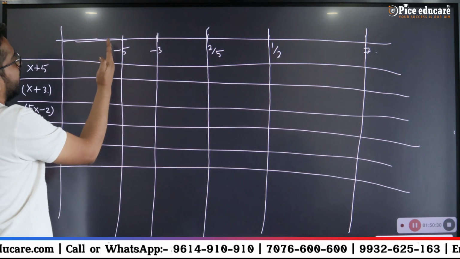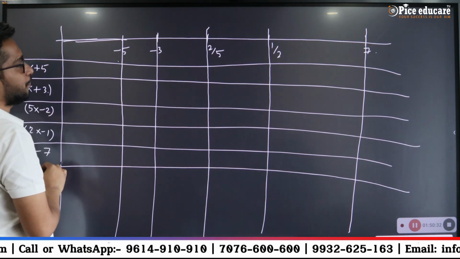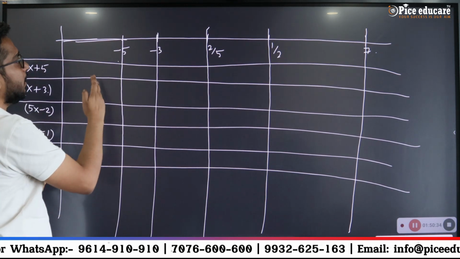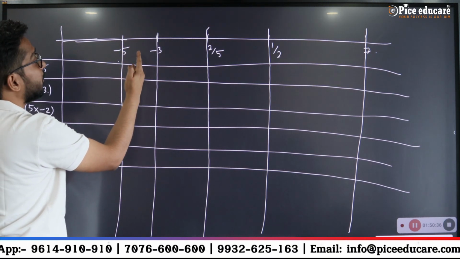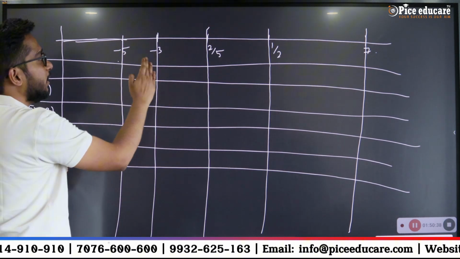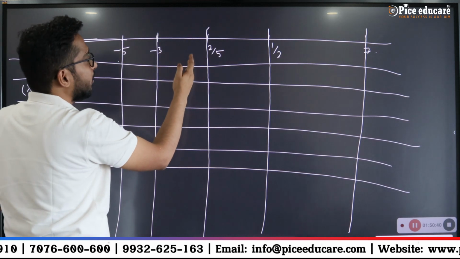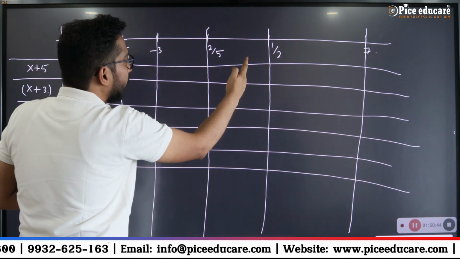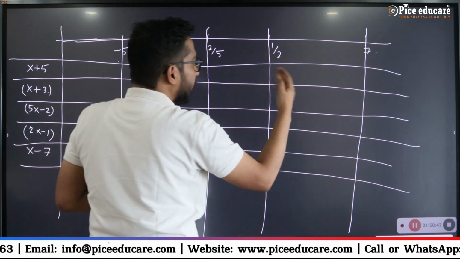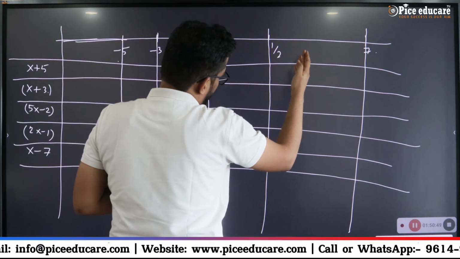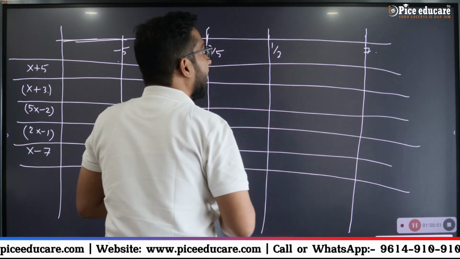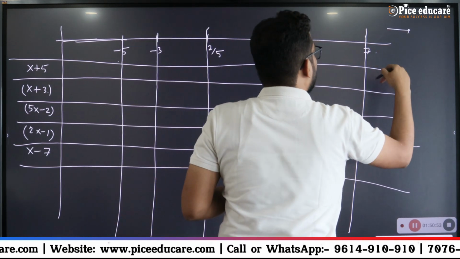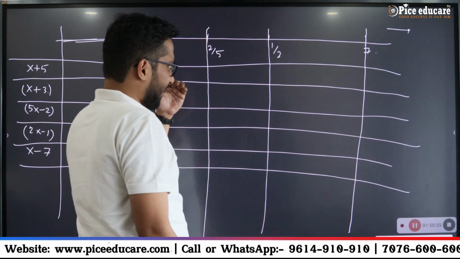So my x is lesser than minus 5, then it becomes bigger than minus 5 but less than minus 3, then bigger than minus 3 but less than 2 by 5, then bigger than 2 by 5 and less than half, then finally bigger than half and less than 7, and at the extreme end my x becomes bigger than 7.